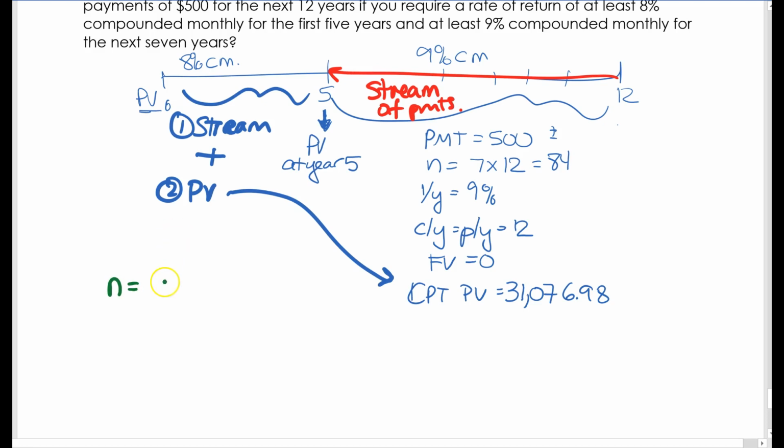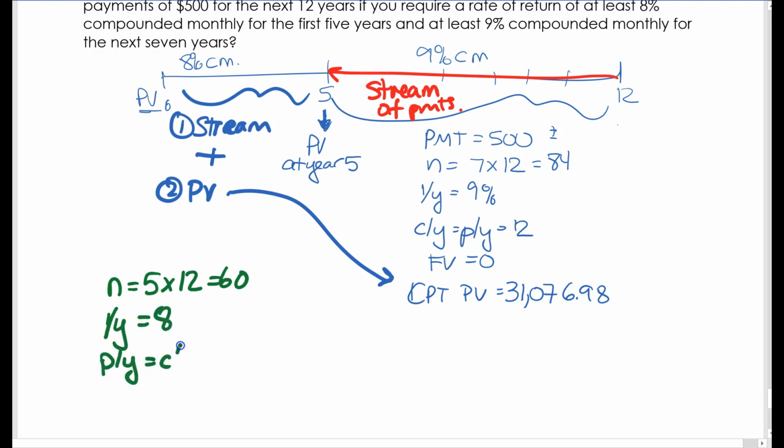So we have 5 years. Again, these are monthly payments, so N equals 60. The I/Y is now 8%.